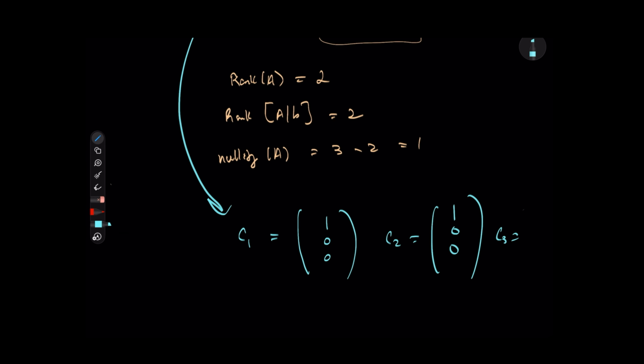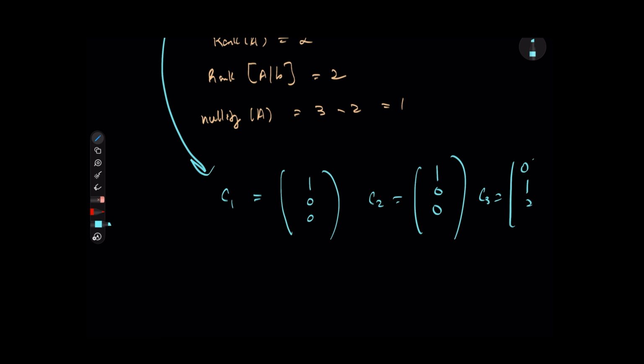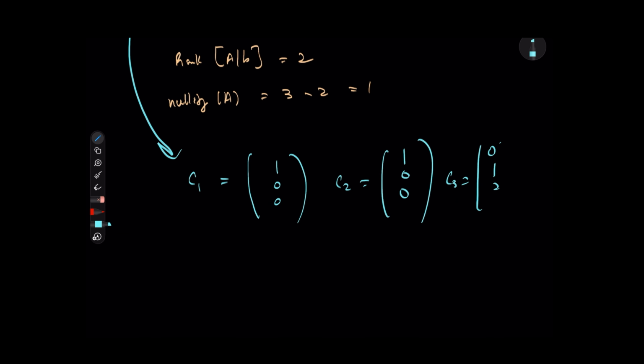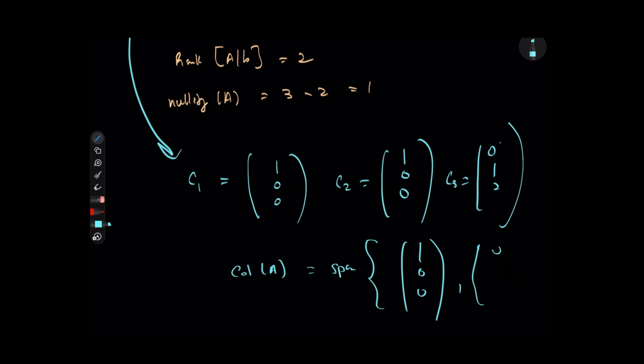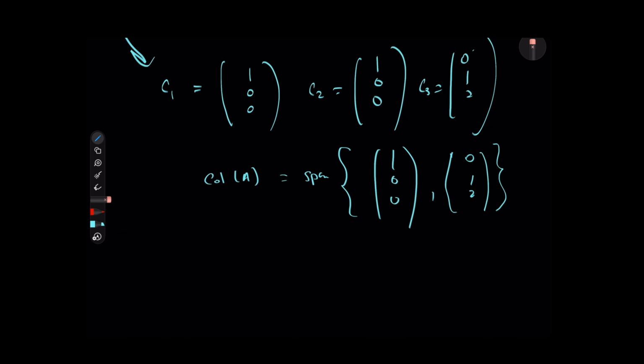And column 3 is 0, 1, 2. So looking at this, I see that columns 1 and 2 are the same. Therefore, the column space of A will just be the span of 1, 0, 0 and 0, 1, 2. That means the dimension of the column space of A would be equal to 2.